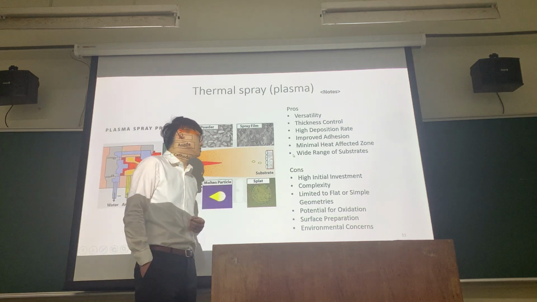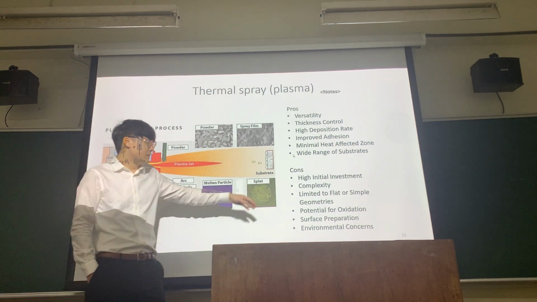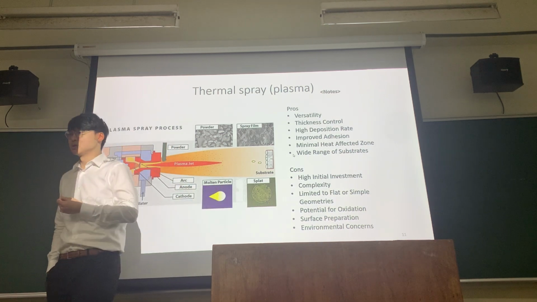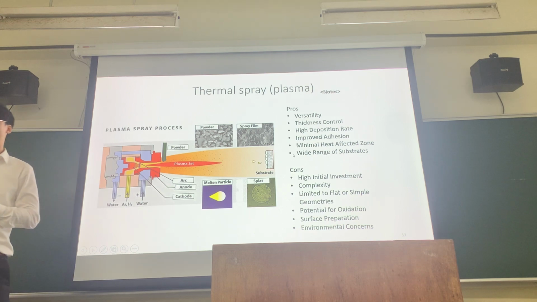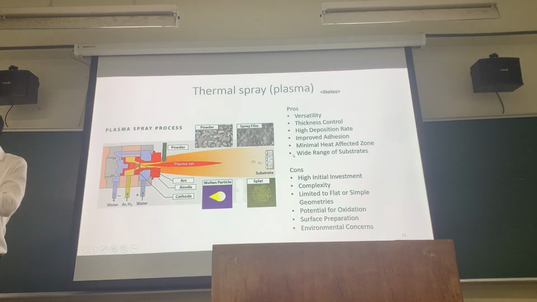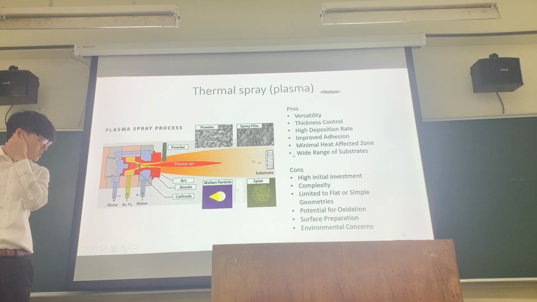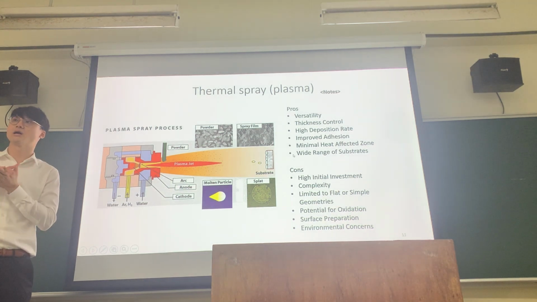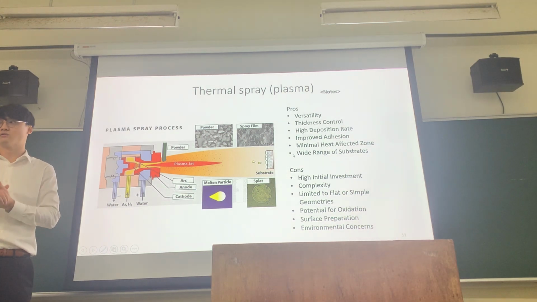The complexities, as I mentioned, so it's not easy. It is limited to flat or simple geometry. When we spray stuff, normally, maybe I'll try to find some video for you guys to see, it's usually on very flat surfaces. You can also have some curvatures, but thermal spray is very limited to simple geometry.